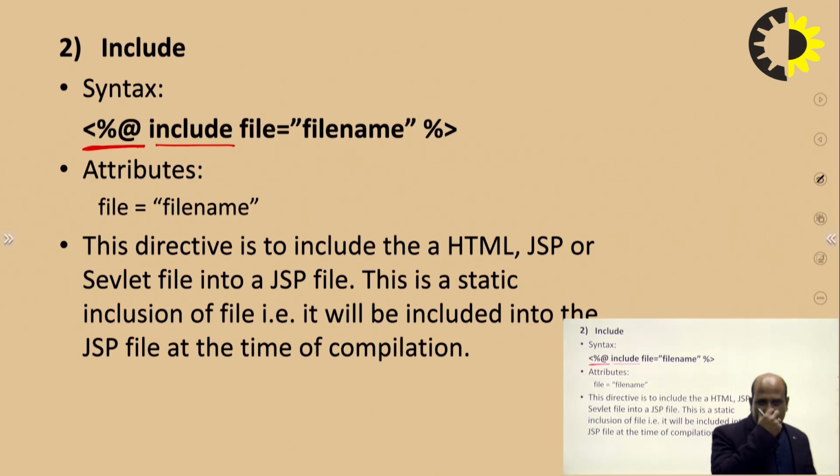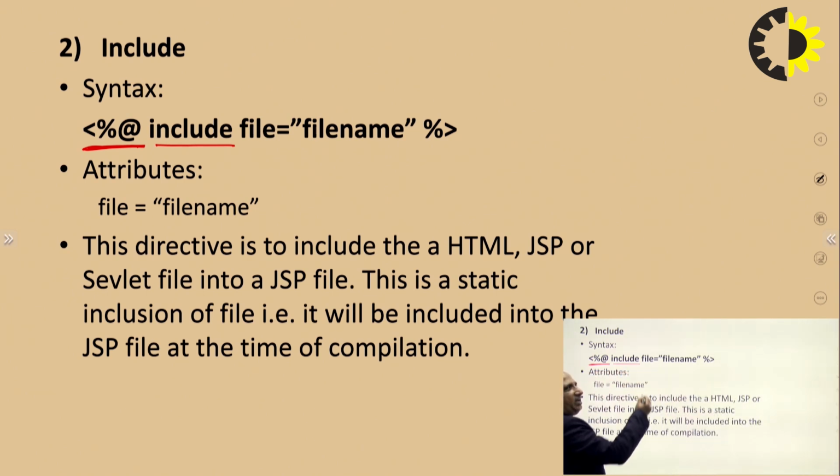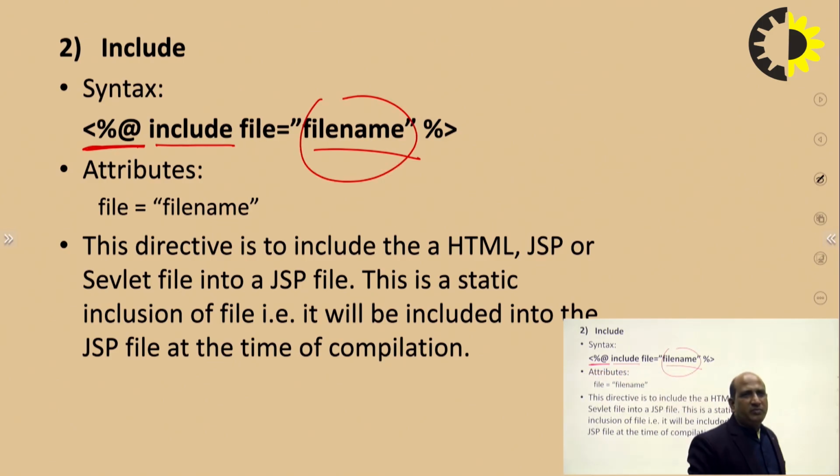The include directive is used to include external resources in your current JSP page. There are a number of attributes, like I am using file equals to this. This file content will be included in our JSP page.